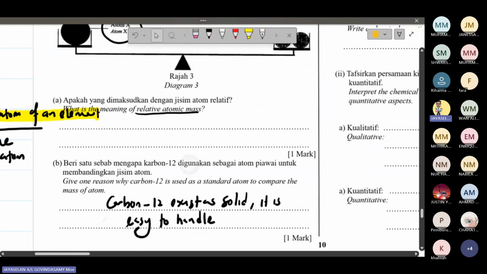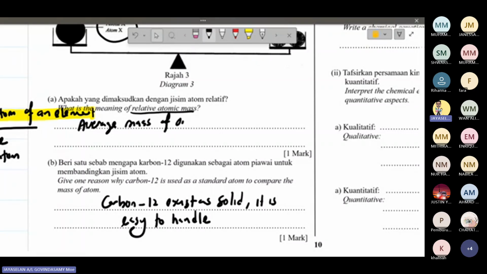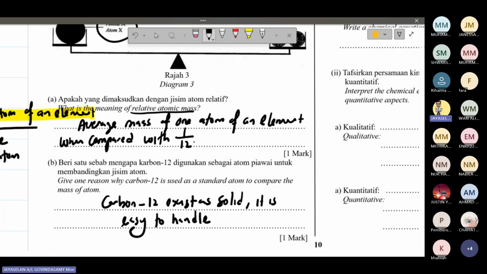You see now I write. So macam mana nak buat? Average mass of one atom kena ada, of an element wajib ada. Then you divide, right? When compared, apabila dibandingkan, compare with 1 over 12 of the mass of one carbon.